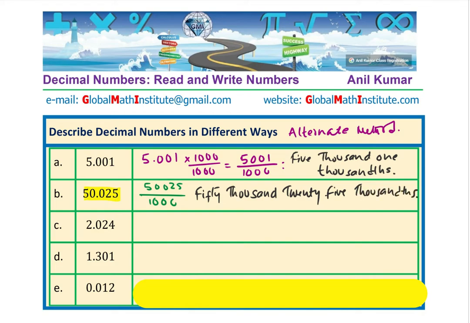Do you see that? So multiplying and dividing by 1000 in this case helps you understand how we read it in a different way.